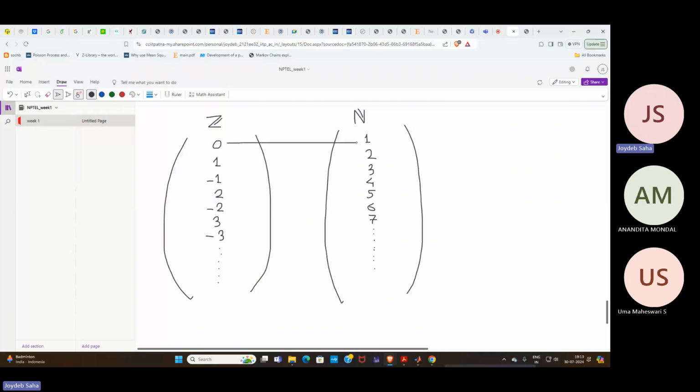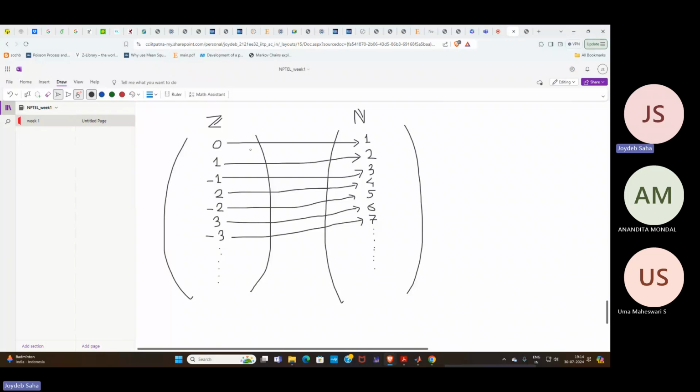We can map like this. And so on. Z is the set of all integers, positive and negative.